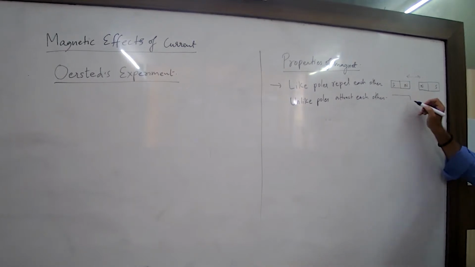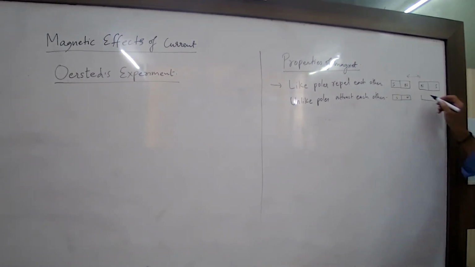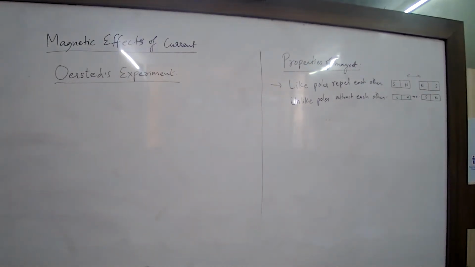And if this was north and this is south, then they will attract each other. What are the different types of magnets?